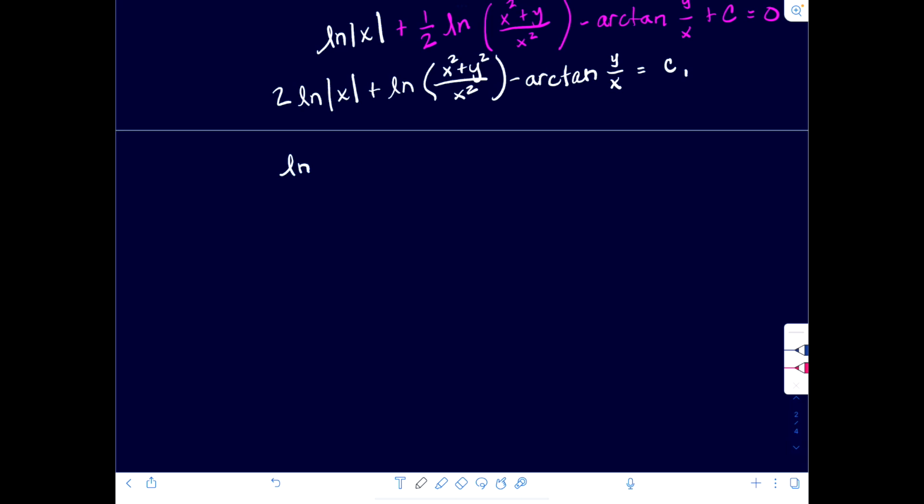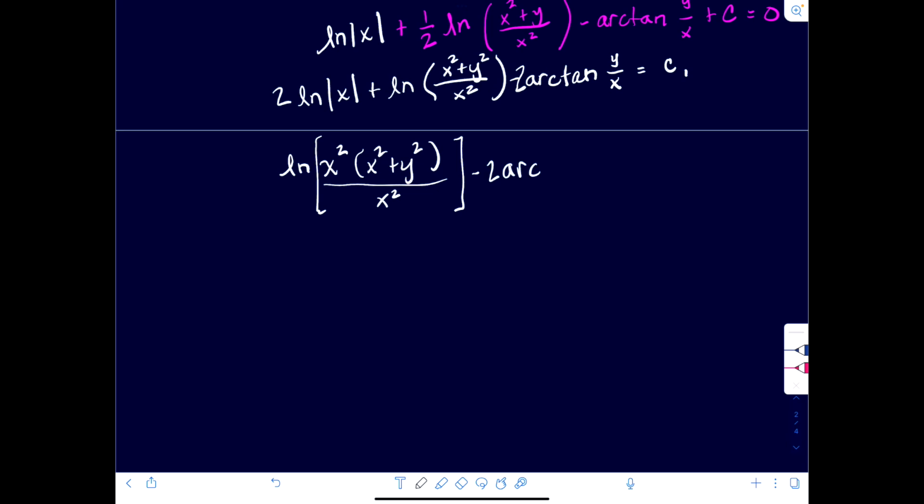So rewriting the first one is natural log of x squared, no need for the absolute value. And then we can bring it together now. So we'd have x squared times (x squared plus y squared) over x squared, all in this natural log. And then we have a 2 times arctangent of y over x, multiplying everything by 2, equals c1.